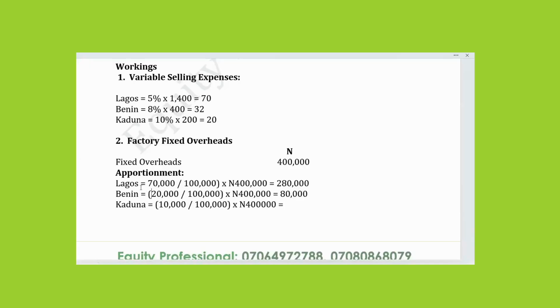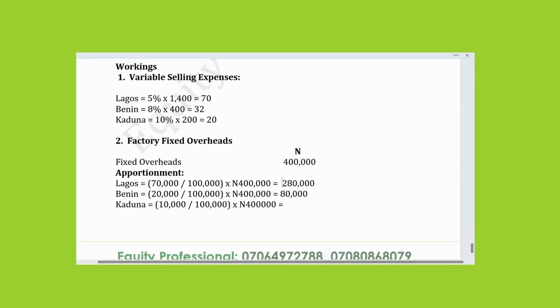So like I said, under this circumstance, once you have general fixed overhead that is not related to any of the products, all you need to do is to look for common factor. Look for something that is general or common to all of them. So that will be the basis of your distribution or apportionment.